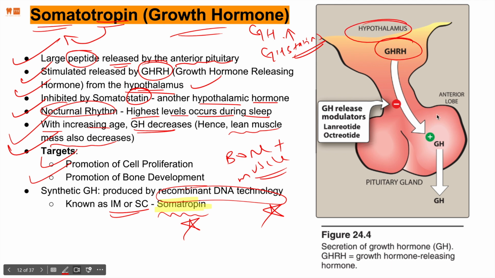Okay, moving on to the diagram here. Hypothalamus sends the releasing hormone to the anterior pituitary with a positive feedback, and growth hormone is released from the anterior lobe. As always, there are growth hormone modulators, the somatostatins. And these two drugs are basically the next topic in question.